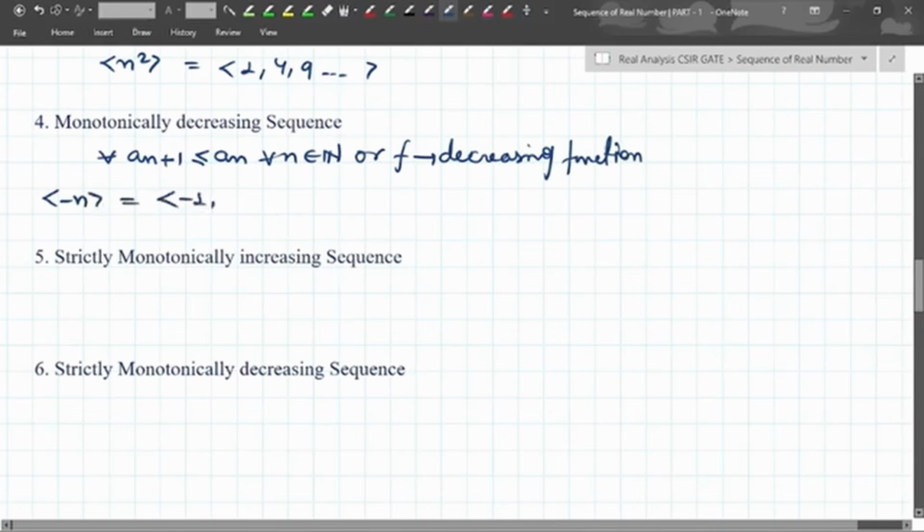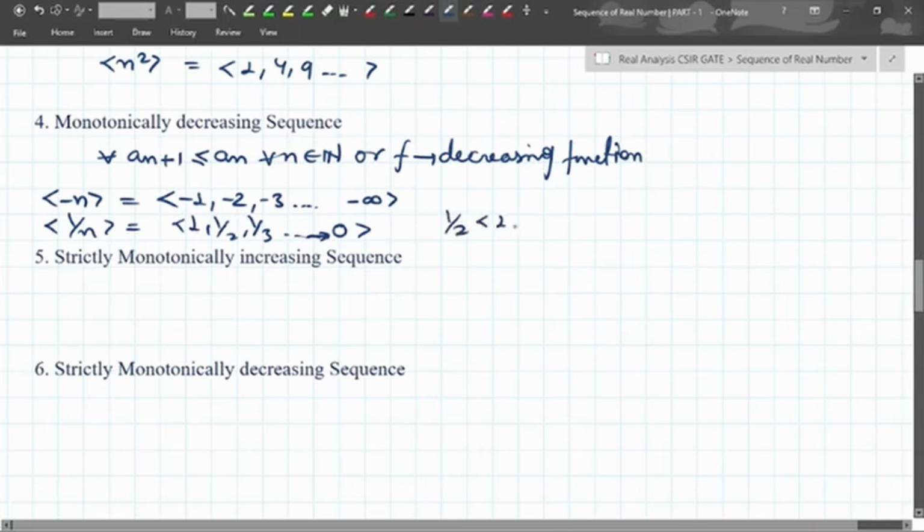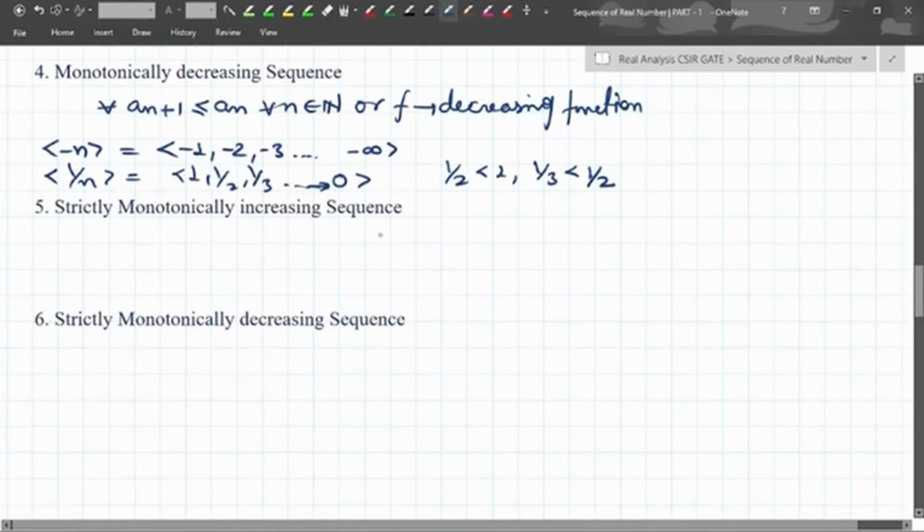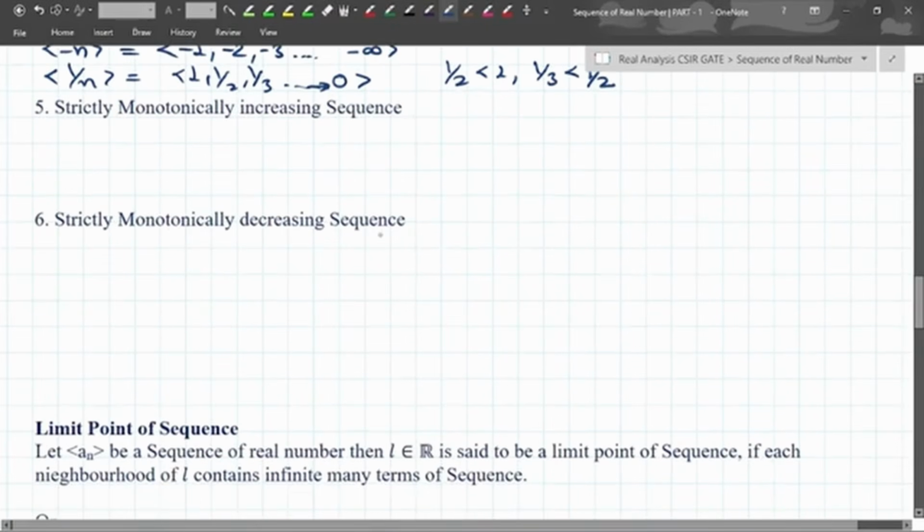It means minus 1, minus 2, minus 3, and it will go up to minus infinity. 1 by n is 1, 1 by 2, 1 by 3, tending to 0, not reaching 0. So it is decreasing. Here you can see 1 by 2 is less than 1, 1 by 3 is less than 1 by 2. So these are all examples of monotonically decreasing sequences.